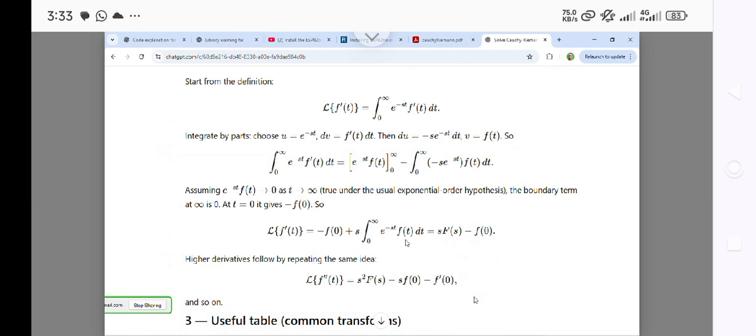But when you are doing this one, you arrive at a point like this where it is now what? F prime of t. So you now replace f prime of t by what your distance is. The Laplace transform of f prime of t is this thing now.